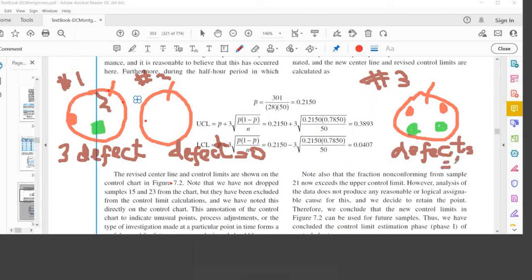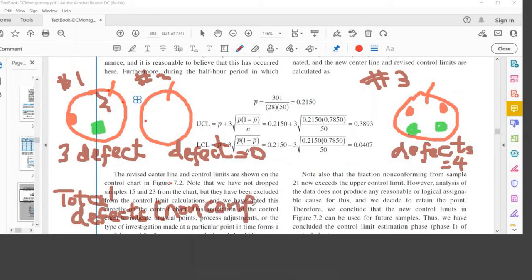So the question is, out of these three oranges, how many defects? Total defects of our sample now, or another way we can say total non-conformities.